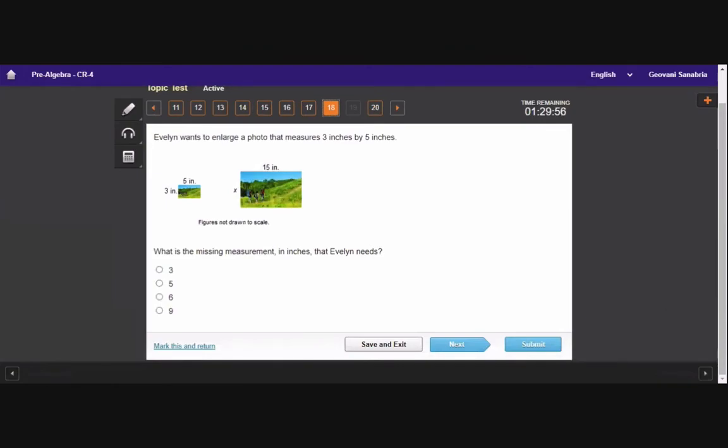Evelyn wants to enlarge a photo that measures 3 inches by 5 inches. What is the missing measurement in inches that Evelyn needs? The 3, no, 3, because the factor for the top is 3, right? Right. So then you've got to use that. It'd be 9. It'd be 9, yeah.